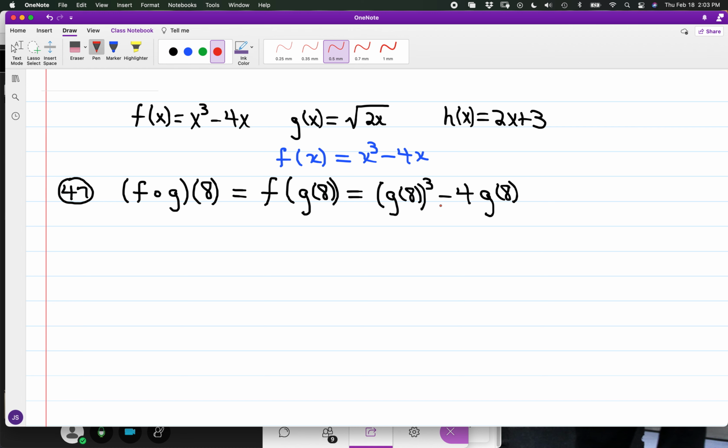Looking at what we have numerically for g of 8, we derive this value from g of x. If x is 8, g of 8 is the square root of 2 times 8. 2 times 8 is 16, and the square root of 16 is equal to 4.